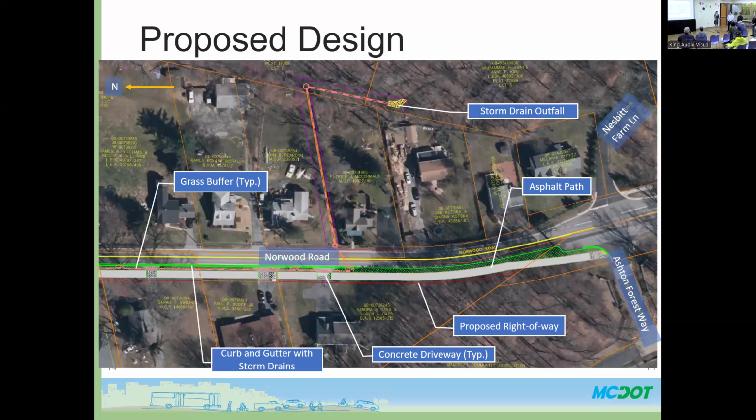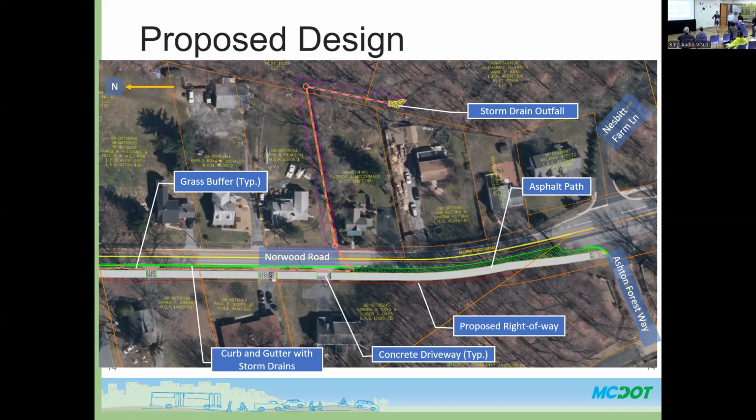We have the project website where we upload the latest project information, such as the schedule and the latest plans. We don't send out monthly letters because this is a design process, and it sometimes takes several months or a year to finish the design. After this hearing, as Huang explained, we'll go through mandatory referral through Park and Planning.